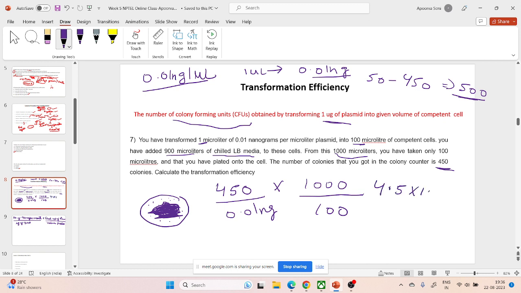Is it coming something like this? 450 divided by 0.01, how much will it come? 45000 into 10.